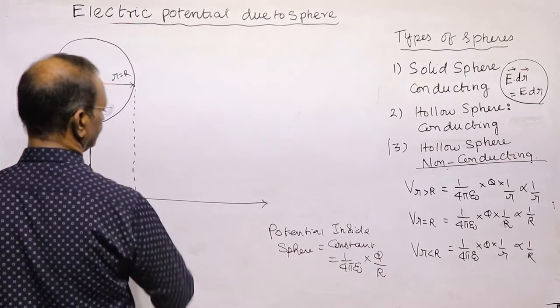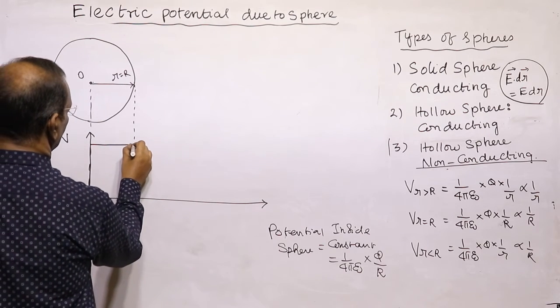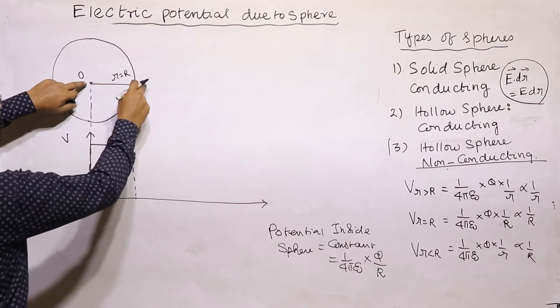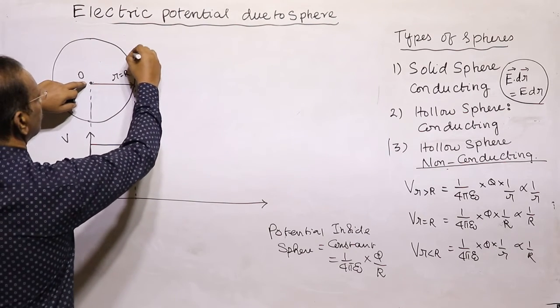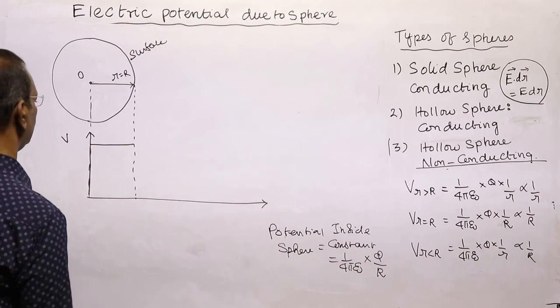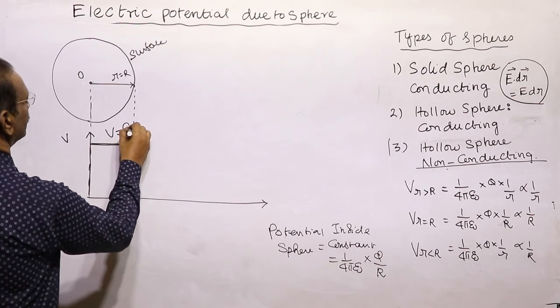So this is the radius. So it means potential inside is equal to constant from inside 0 up to the surface. This is the surface. So it is constant, that is, potential is equal to constant.